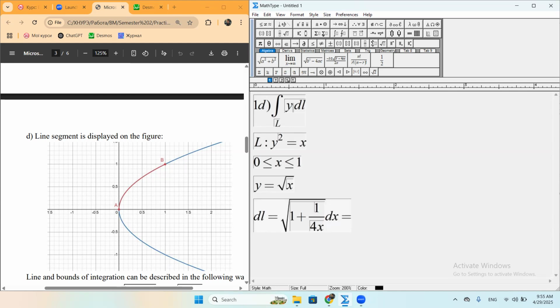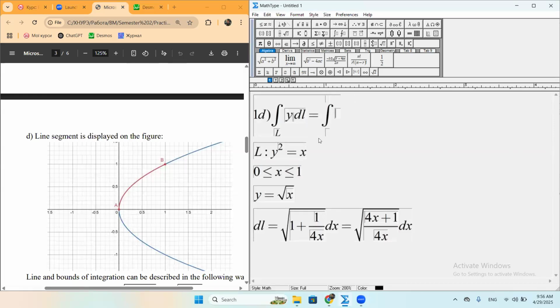Let me simplify it a little bit: square root of 4x plus 1 over square root of 4x, dx. And now let's substitute everything into this integral.